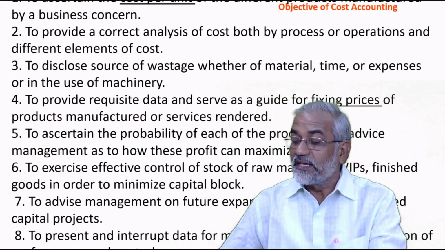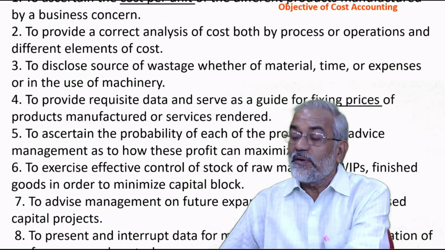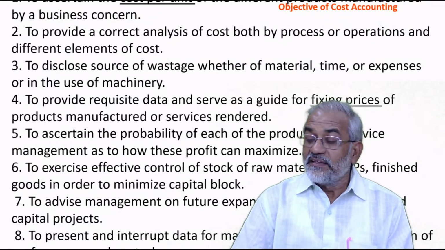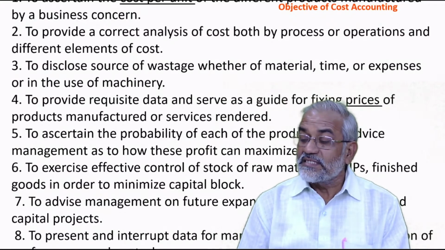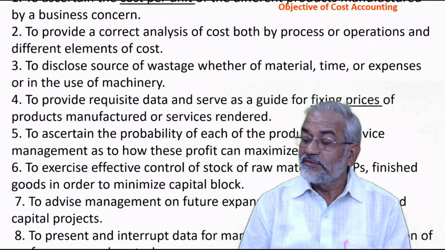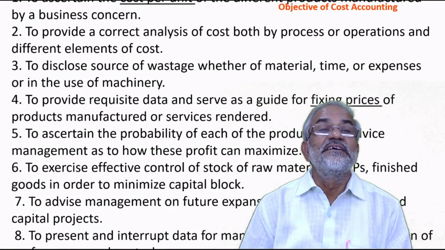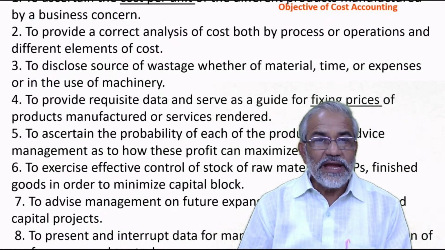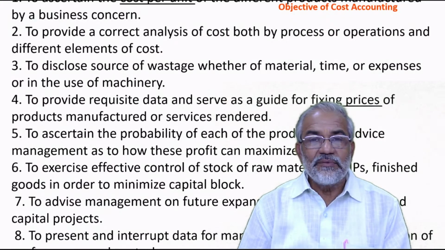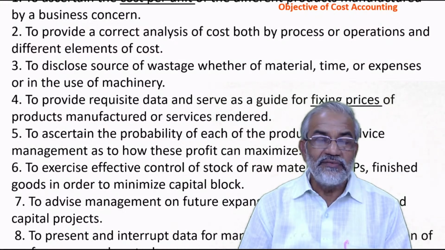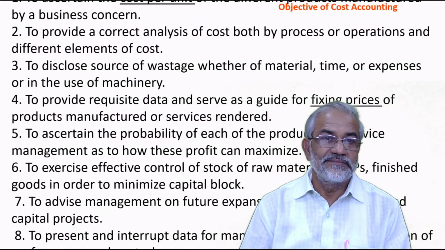Now the objectives of cost accounting. The first objective is to ascertain the cost per unit of the different products manufactured by the business concerned. Second, to provide a correct analysis of cost both by process or operation and by different elements of cost.